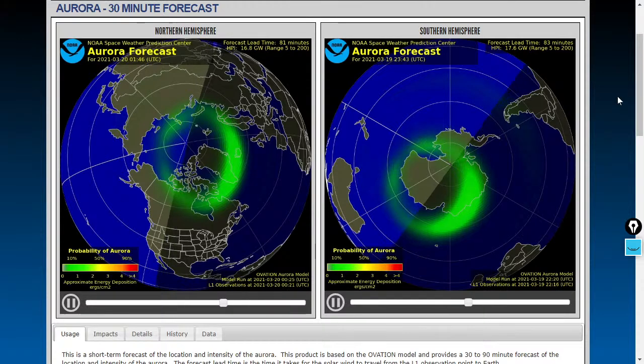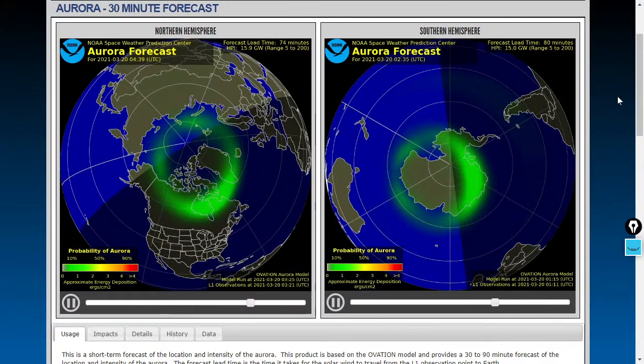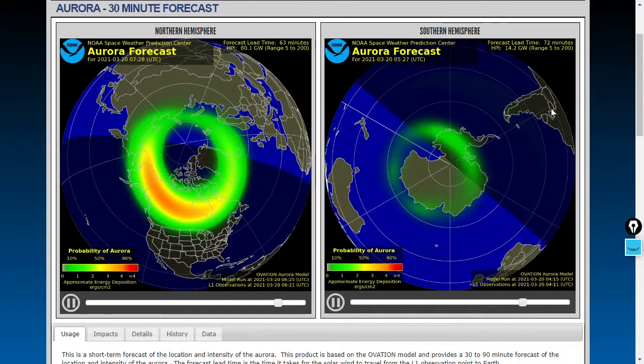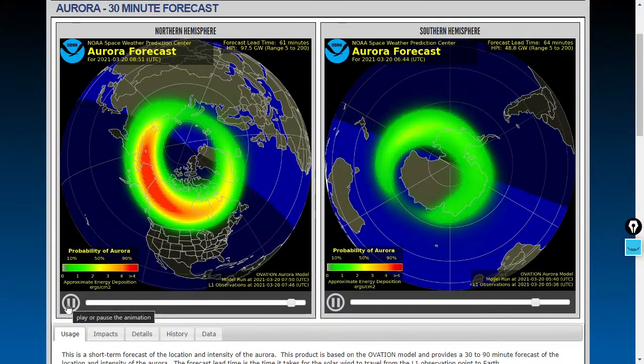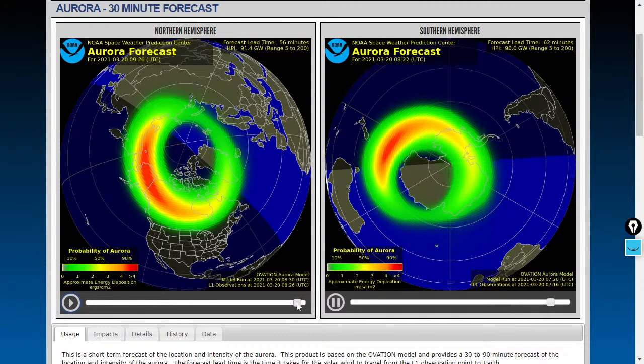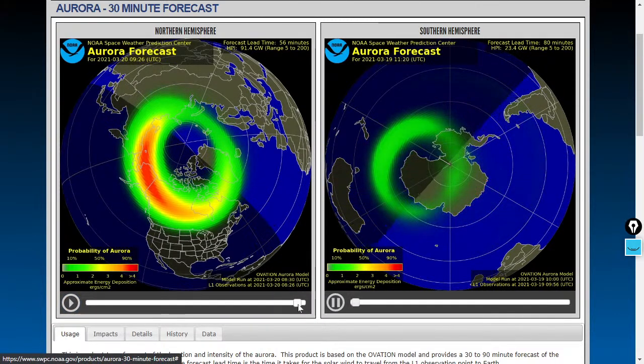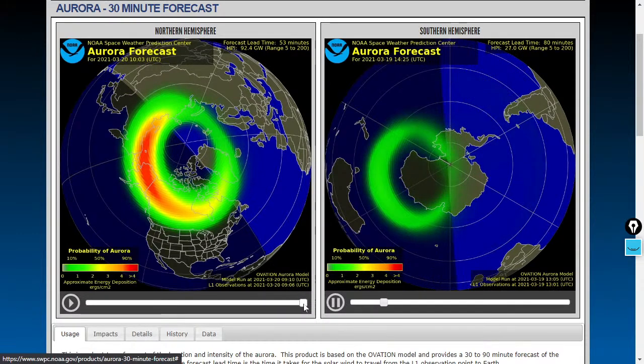What the heck? There we go, right at the end. So it looks like quite a lot of auroras there in Alaska, especially north central Alaska.